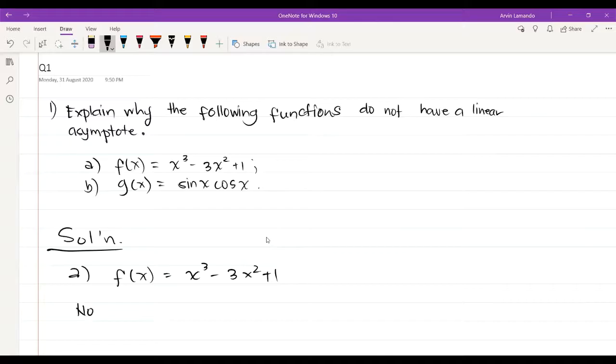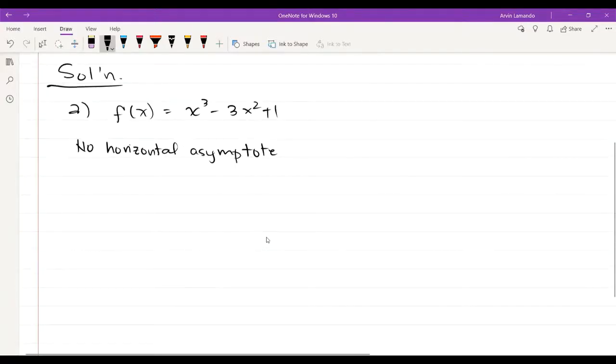To show that no horizontal asymptote exists for f, we should show that the limit of f as x approaches positive or negative infinity is not finite. Okay, so let us compute the limit of f as x approaches positive or negative infinity.